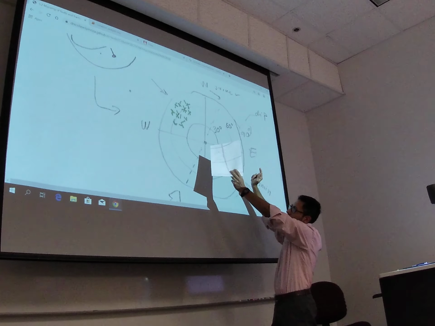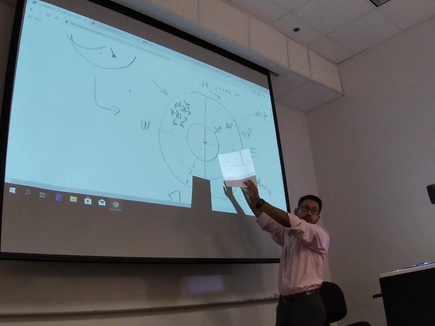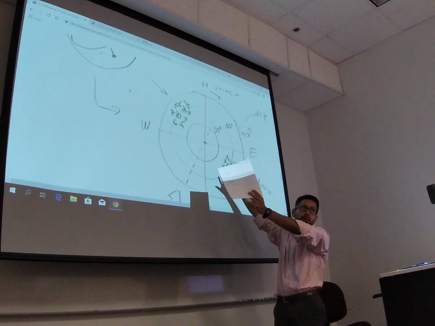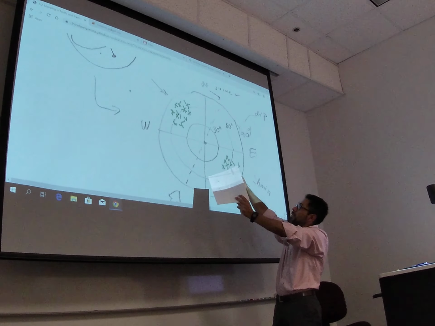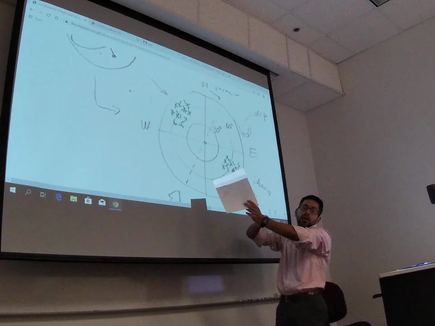So, in summary, this stereonet is going to help you locate planes in a 2D plot. And from these points, you can tell what is the strike and what is the dip.